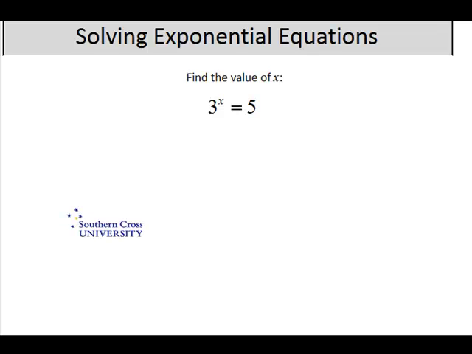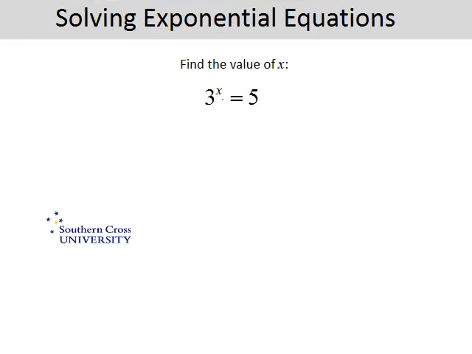We could use the definition of a log here, but one of the easiest ways to do it is to say that if 3 to the power of x is equal to 5, then the log of 3 to the power of x must be equal to the log of 5 as well.